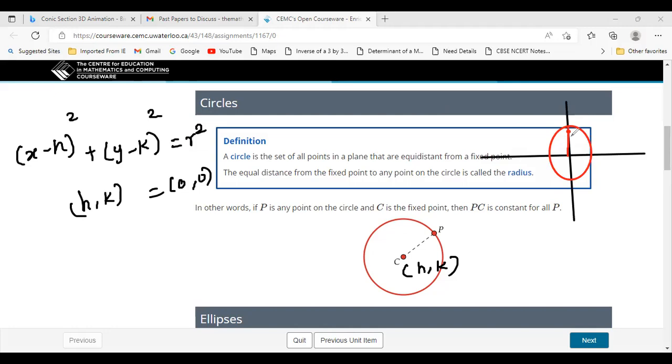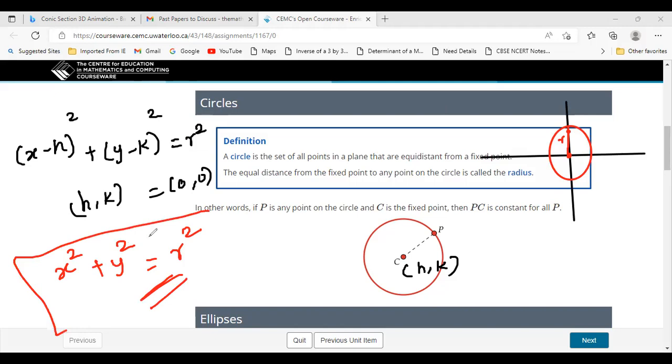This is your radius and this would be your circle, and you will assume this as h comma k, which is nothing but 0 comma 0. So if I substitute in that, you will be having this equation, which is x square plus y square is equal to r square. So that's what you said, isn't it? So this equation arises when your center of the circle is 0 comma 0.